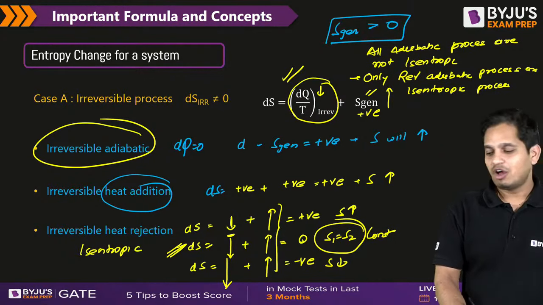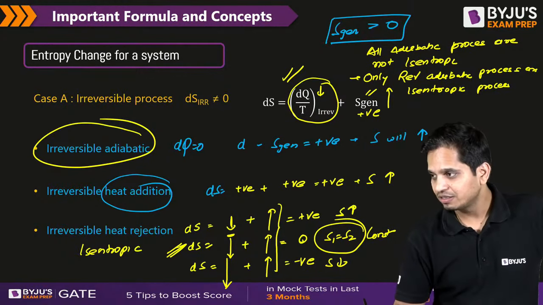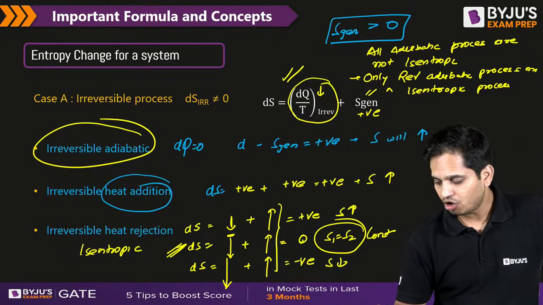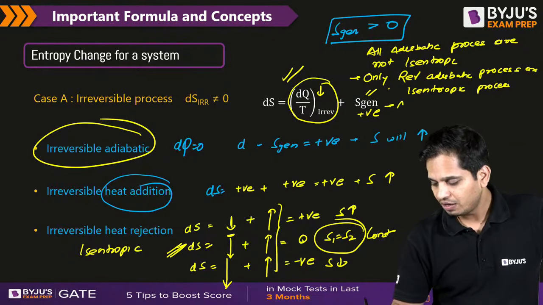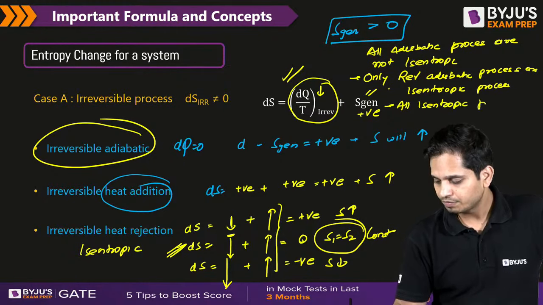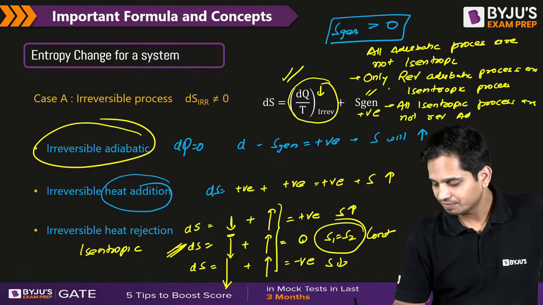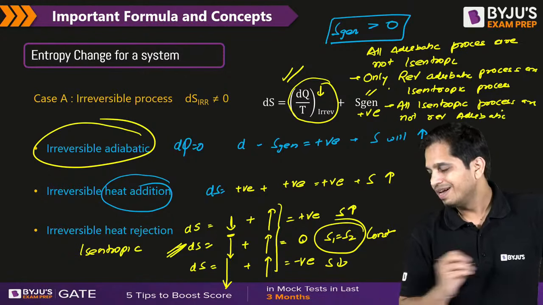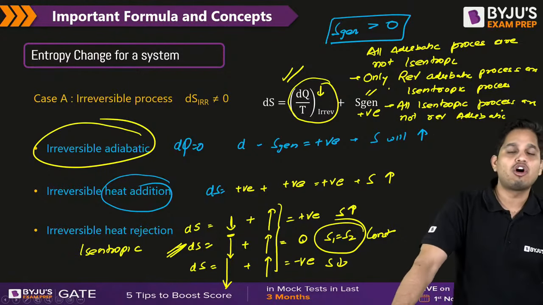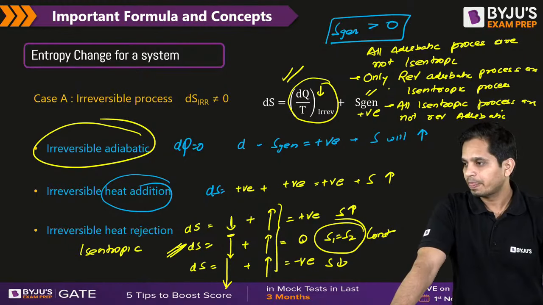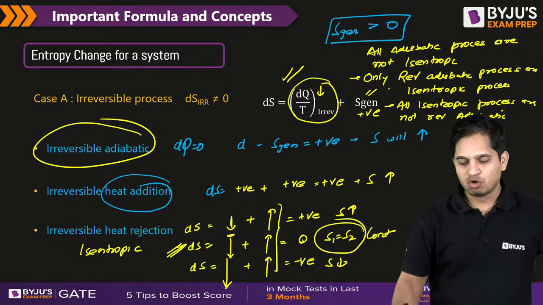So, all isentropic processes are not reversible adiabatic. These are all objective questions. Okay, let us move on.